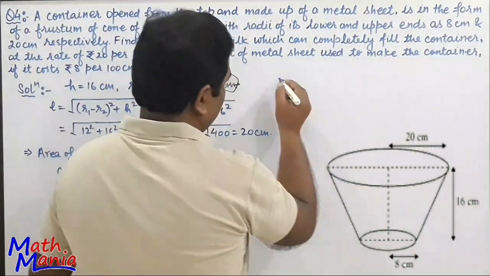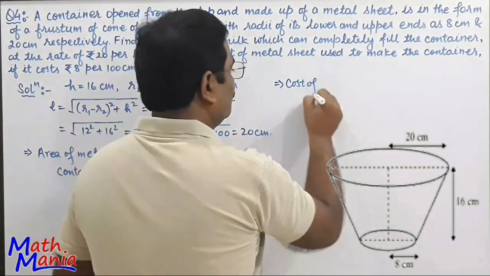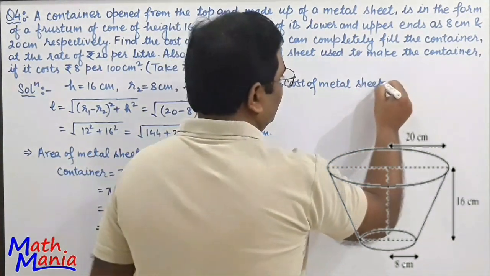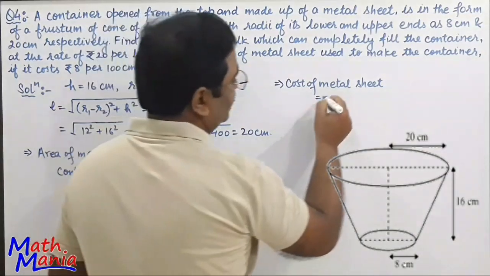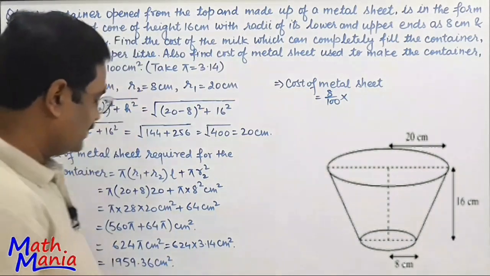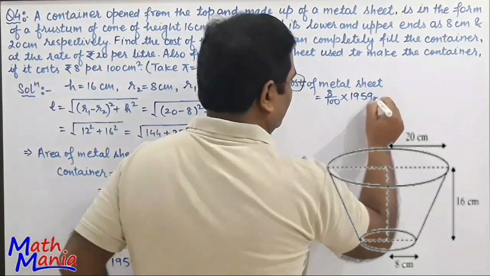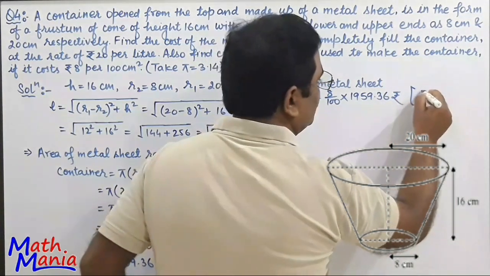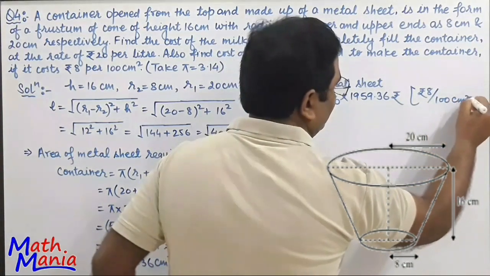So the cost of metal sheet for this container is equal to rupees 8 per 100 centimeter square, 8 upon 100 multiplied by this area 1959.36 rupees, because rupees 8 per 100 centimeter square.